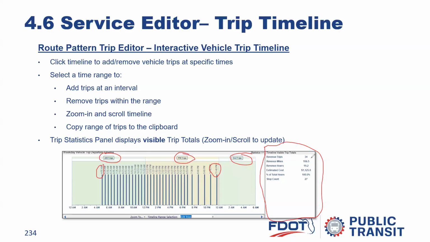So what this is giving you is a real-time cost calculator as you're editing trips and adding them to the service. It's going to estimate a cost for implementing the service for you, right? So if you have a total that you're targeting for your service, you can certainly use this statistics panel to help you design for better service.